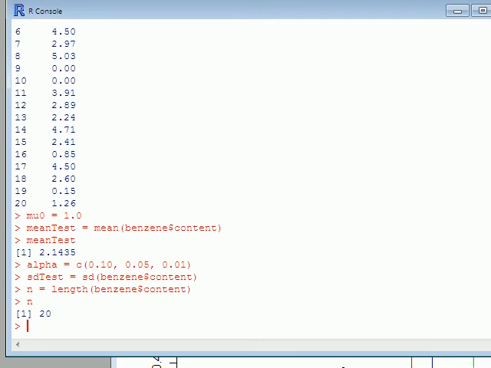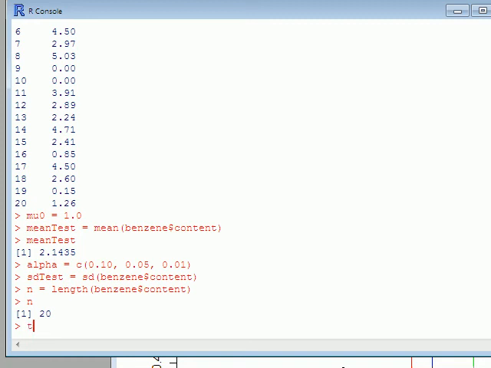Alright, for the t-distribution, we cannot just give it a new standard deviation and new mean like we did for the normal distribution. It all has to be referenced with respect to the standard, which is mean of 0, standard deviation of 1. So we're going to have to take the test mean and put it into a t-value.